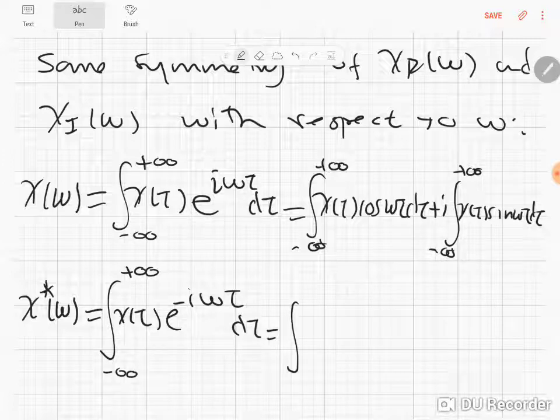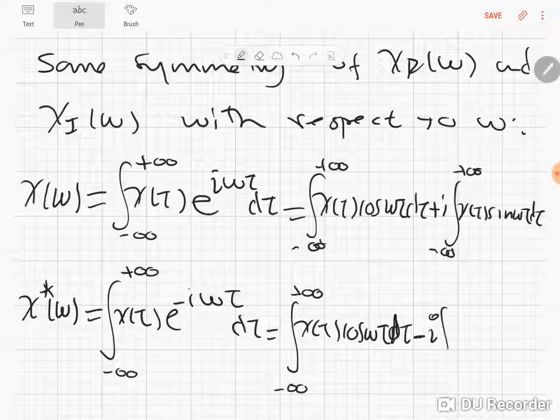The real part will just be cosine of omega tau, because cosine is an even function. So cosine of minus omega is cosine of omega, so this is d tau. Now this here will truly be a minus, the integral from minus infinity to plus infinity of chi of tau sine of omega tau d tau.